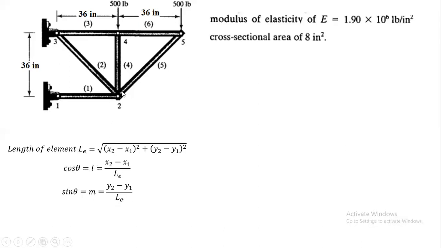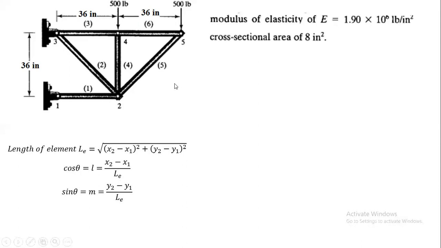Now if we go for element number 5, cos theta is the x coordinate of node number 5 minus x coordinate of node number 2 divided by the length of that element, which we can calculate by using this equation. Next, for sin theta, it is y coordinate of node number 5 minus y coordinate of node number 2 divided by length.